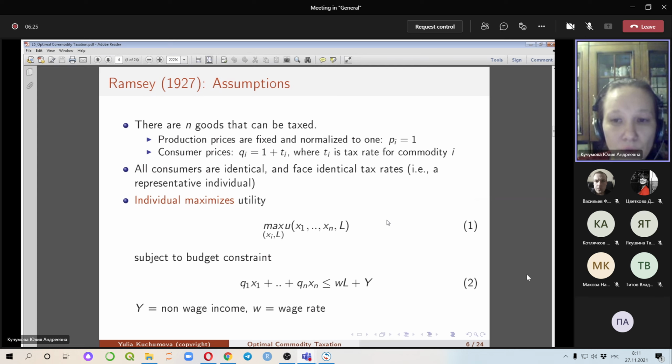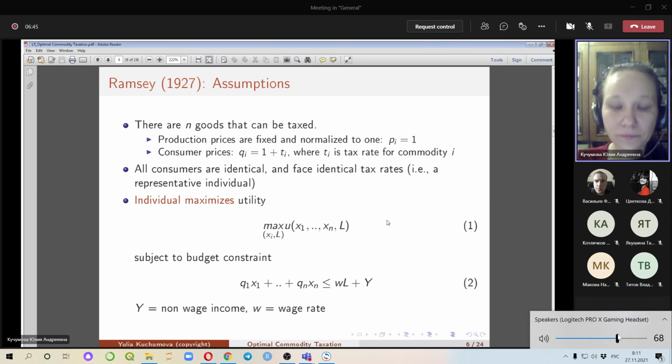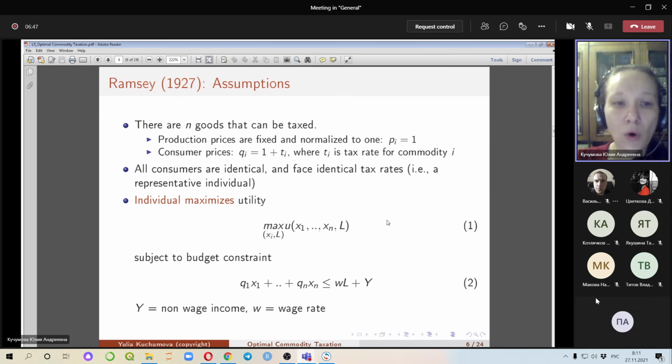The consumer prices are denoted by q_i, and equal the producer price plus taxes: q_i = 1 + t_i, where t_i is the tax rate for commodity i. All consumers are identical and face identical tax rates. This is a representative individual framework.